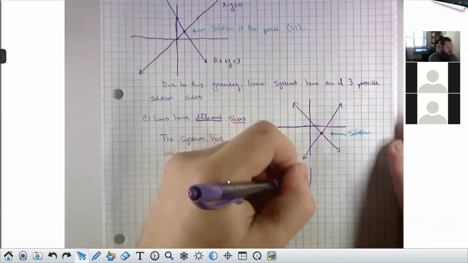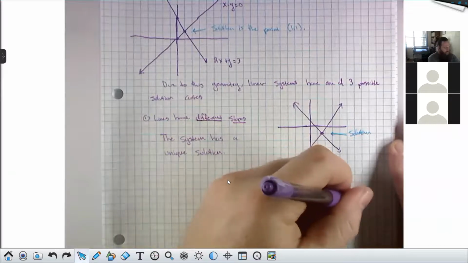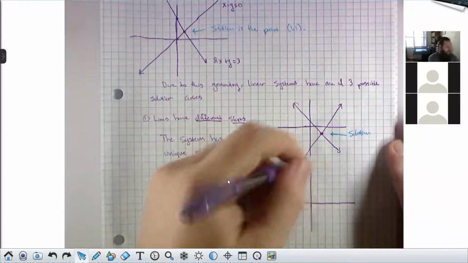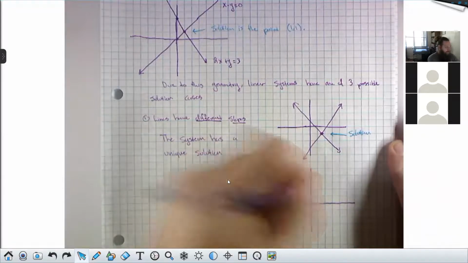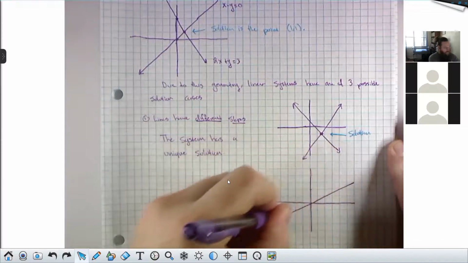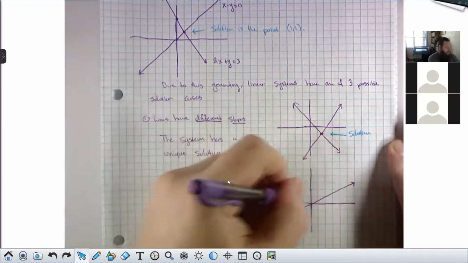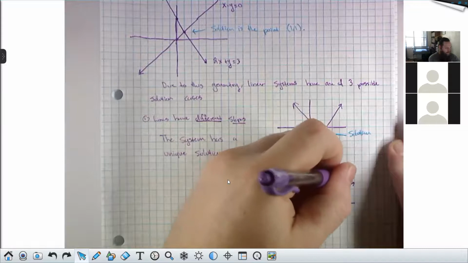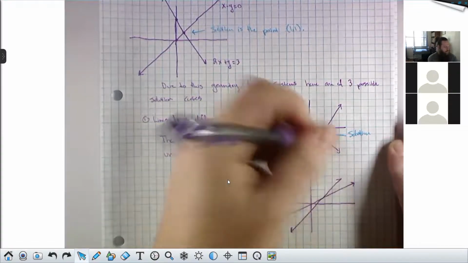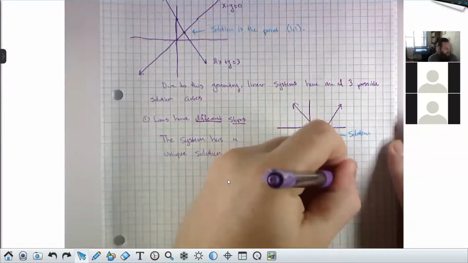I can draw another picture here to try and illustrate this. Even if the slopes are kind of close to one another, maybe something like this, and something like this. You know, maybe this is slope 1 and this is slope 1/2 or something like that.